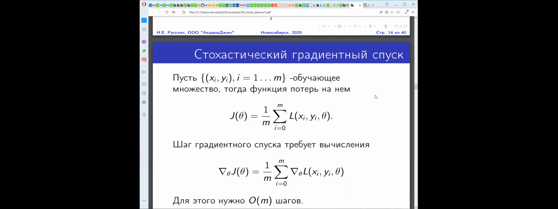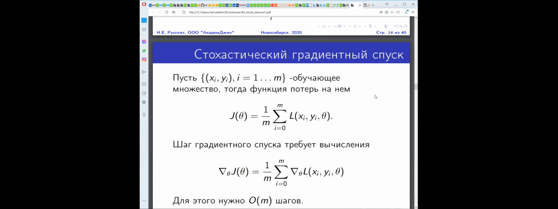Никто не утверждает, что это единственно возможное решение, и, скорее всего, это не так, потому что у человека в голове точно не происходит стохастический градиентный спуск.